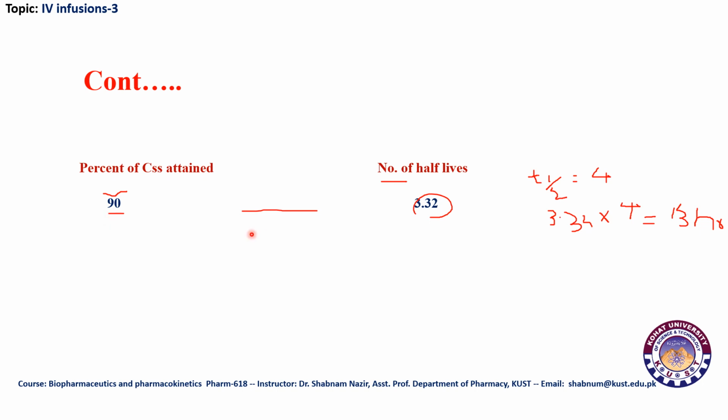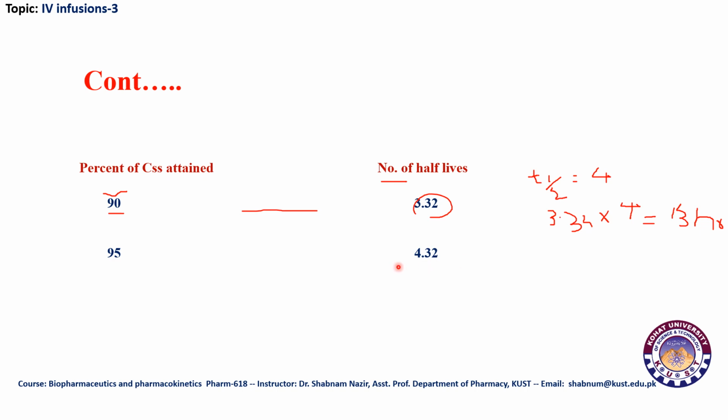The same concept is applicable whenever we are interested in how long it would take to attain 95% of the steady state level or concentration. That simply means multiplying the elimination half-life with 4.32, giving 16 or 17 hours.